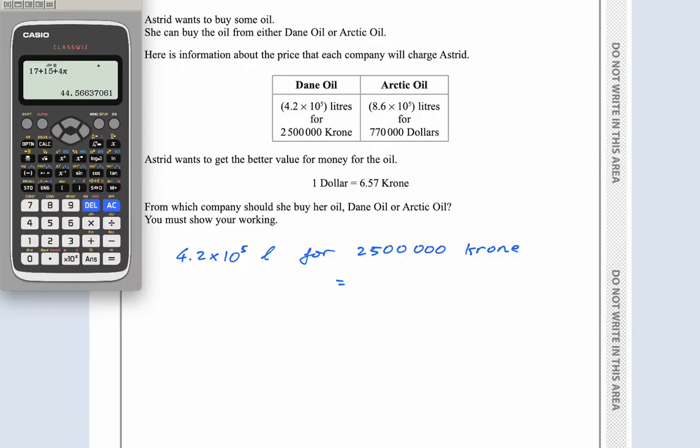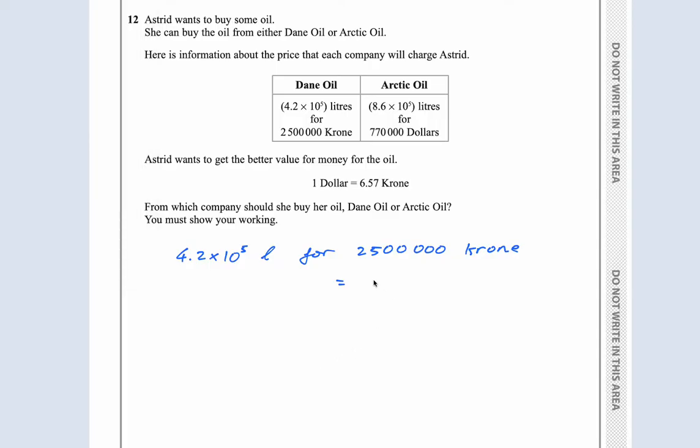So I'm going to do 2,500,000 divided by 6.57, which gives me 380,517.50 dollars.